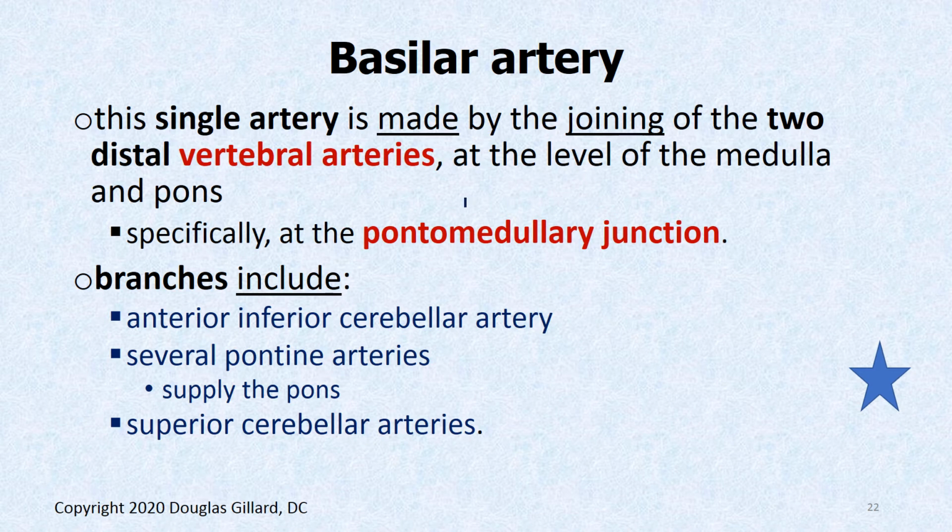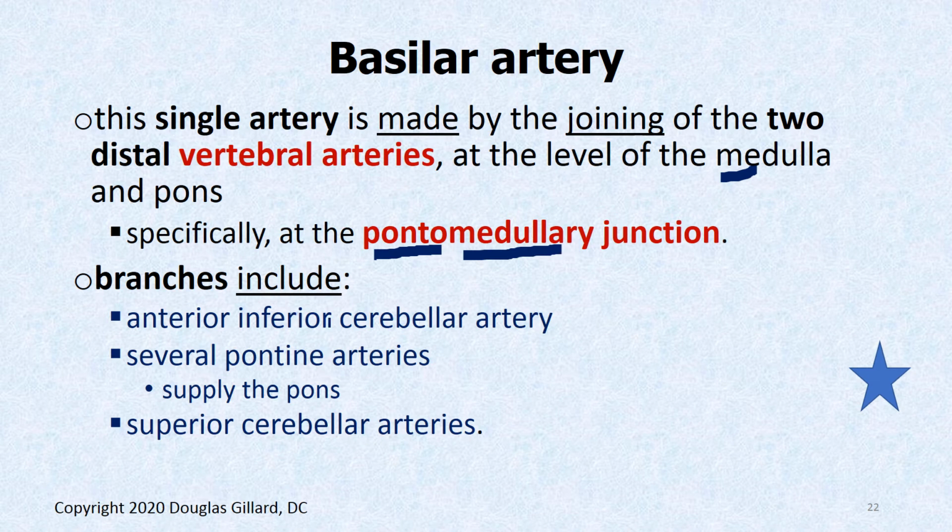It's created by two vertebral arteries coming together at the level of the pons and the medulla. Specifically, you could say the basilar artery is born at the pons, so there's pontine and medullary. So the pontomedullary junction is where the basilar artery is formed by the vertebral arteries.